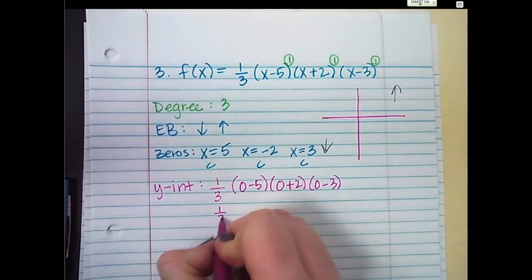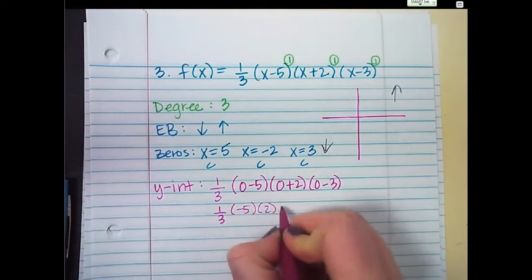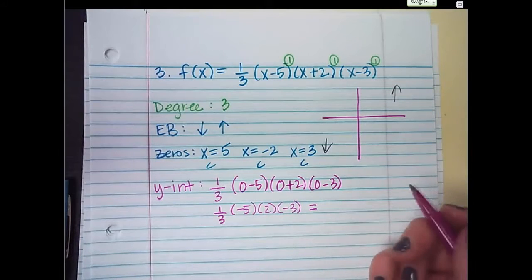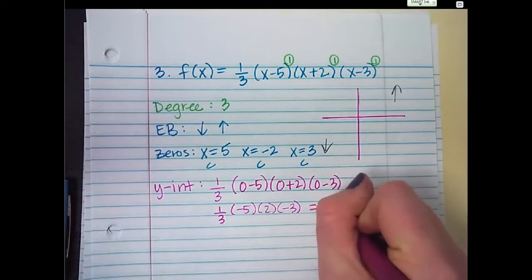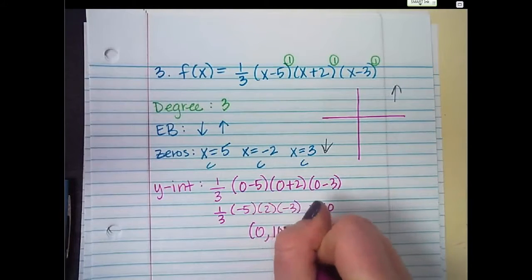So let's see, we've got 1/3 times -5 times 2 times -3. Which is +10. So (0, 10).